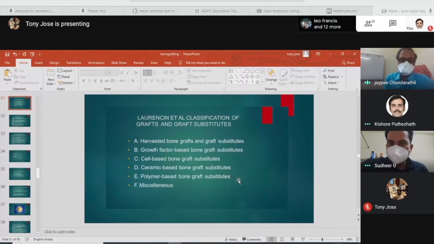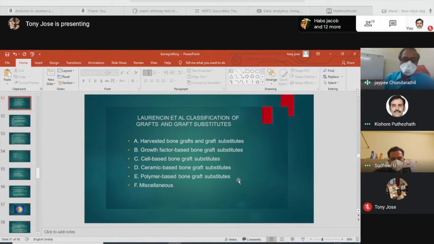As and when you can afford to get enough graft, and that is enough for a particular procedure, that is perhaps the best. But when you are doing something like spinal fusion or a traumatic bone loss due to a fracture or whatever, or you are doing a surgery for a large defect of a tumor which is being removed, has to be filled up, then you may have to add so many other things subsequently.